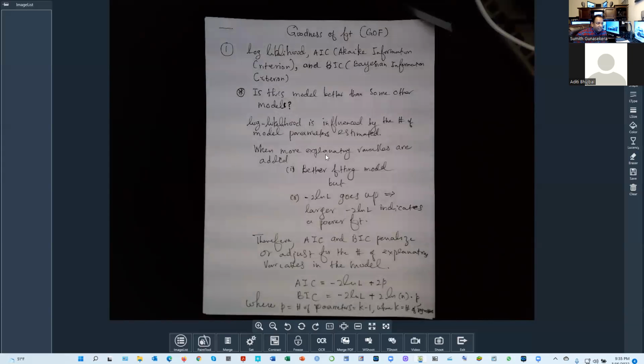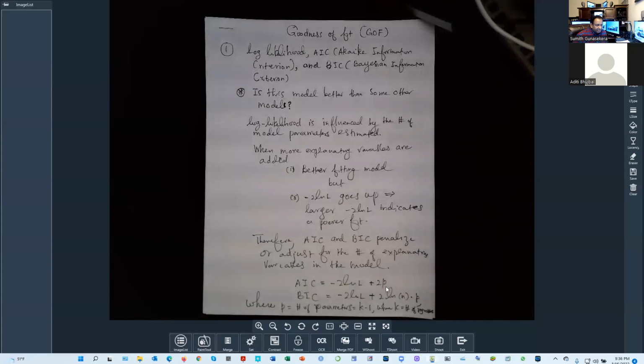When more explanatory variables are added, two things are going to happen. You get a better fitting model, and the likelihood function is going to go up. To penalize that, or remedy that situation, we add this 2p. I'm going to use p, not k, the number of parameters.